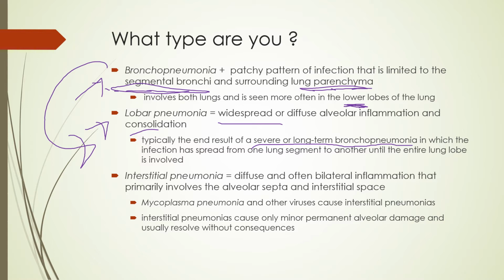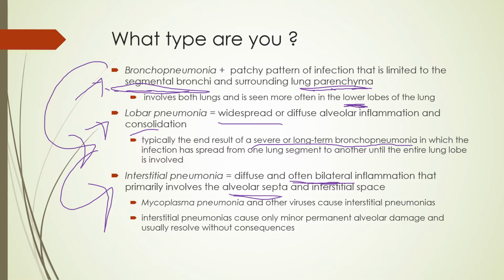And then if that's left to fester and grow, you're going to develop an interstitial pneumonia. It's very diffuse. It's all over the place. It's usually bilateral. Usually it involves the septa, right, and interstitial spaces.